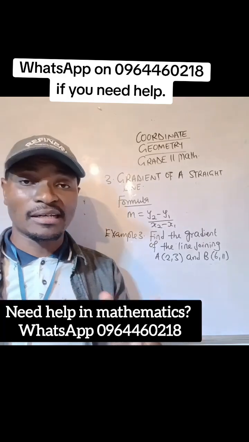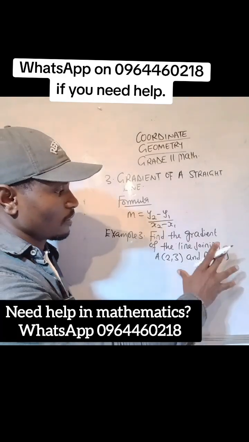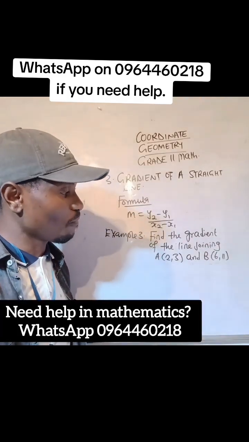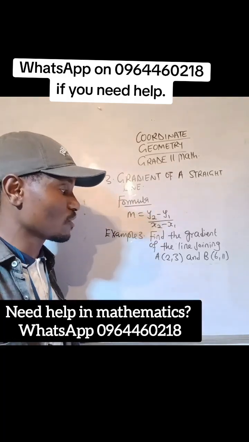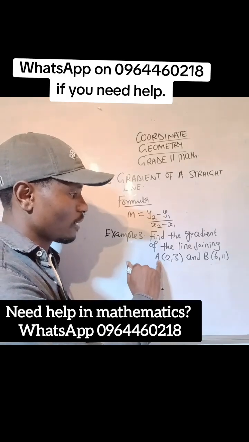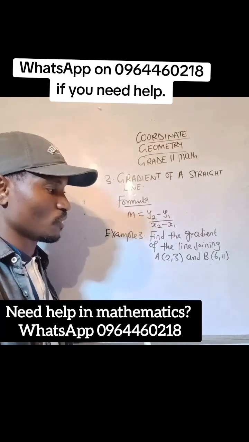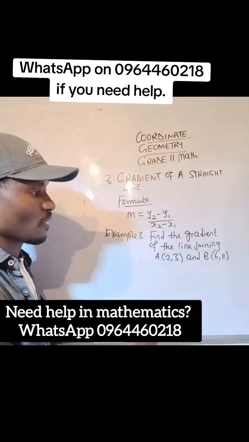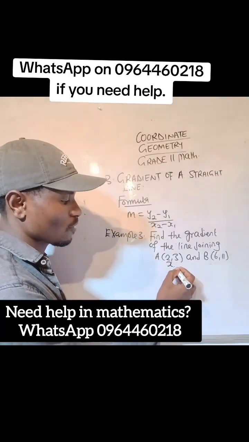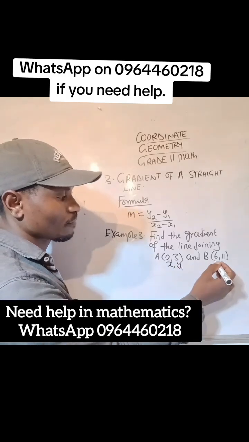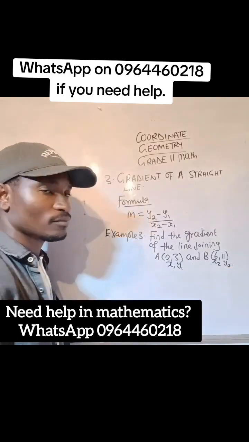This is the formula that you use in finding the gradient, and they have given you 2 points. This is an example where you're going to see how you can come up with the gradient of this line, or rather these 2 points that are joining together. In this case, what you always do is label them x1, y1, x2, y2.